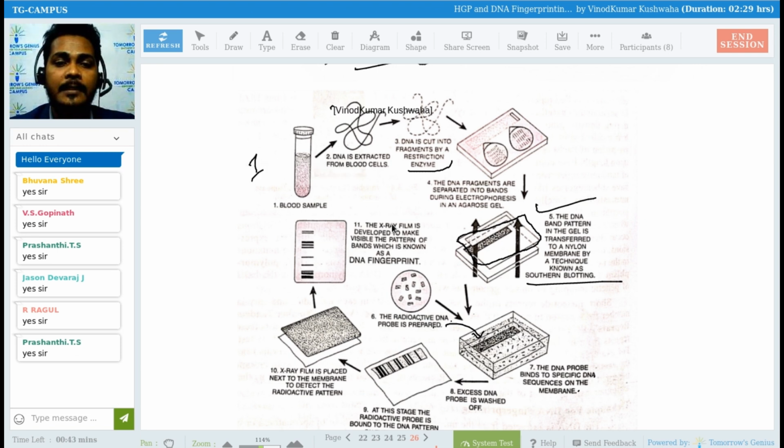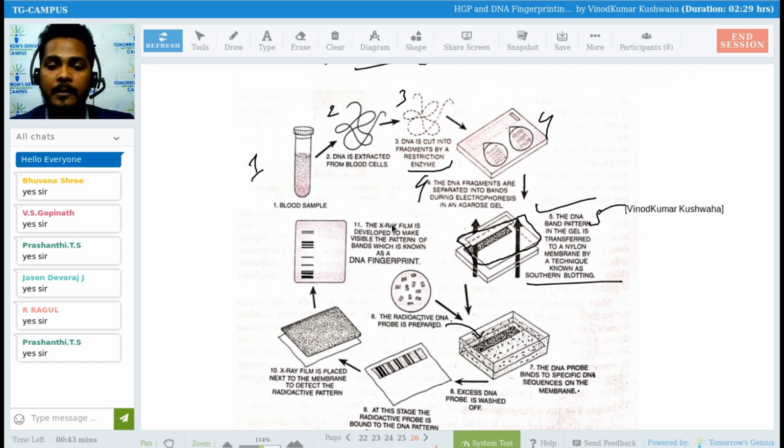This is the first, second, third, fourth, then fifth, this is the sixth to prepare, and seventh is to add the probe DNA onto this. Then there can be excess DNA.